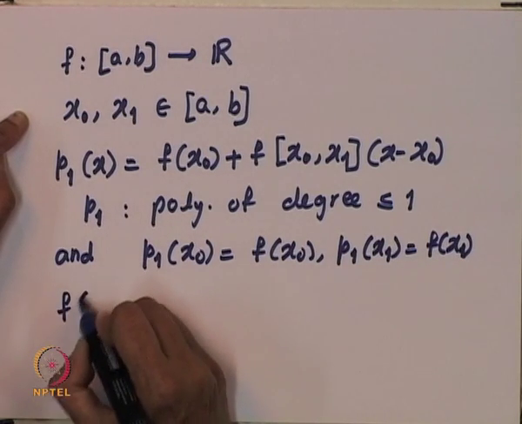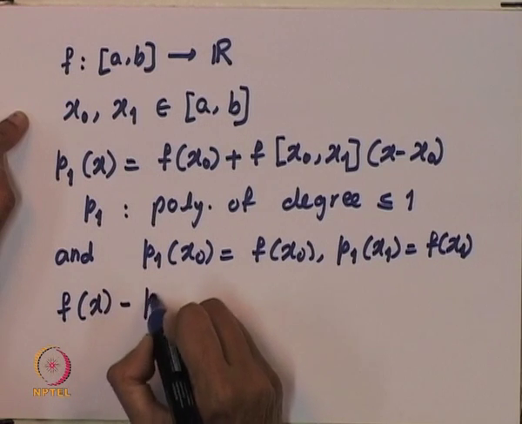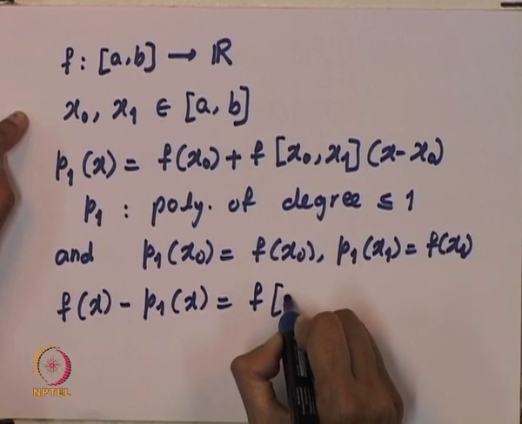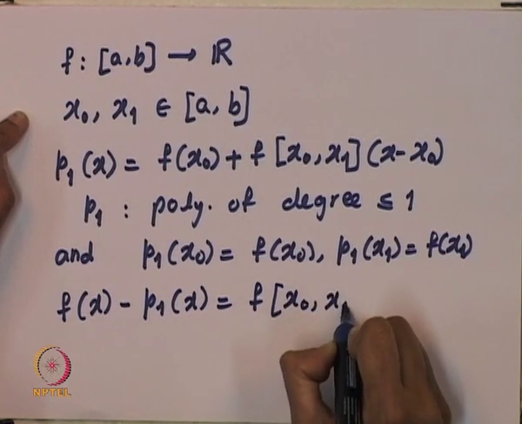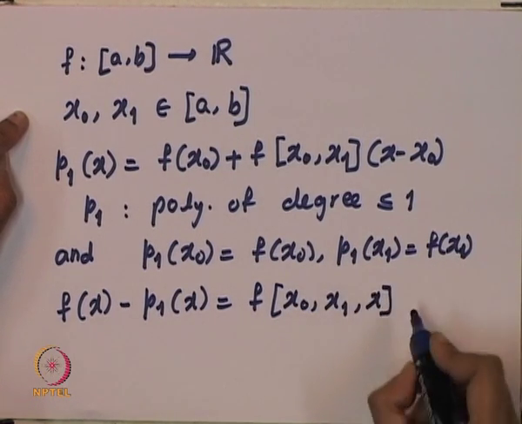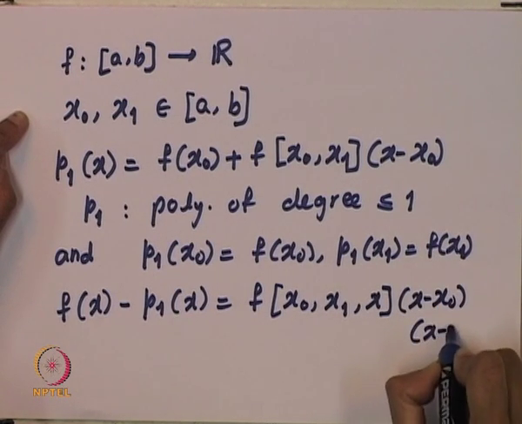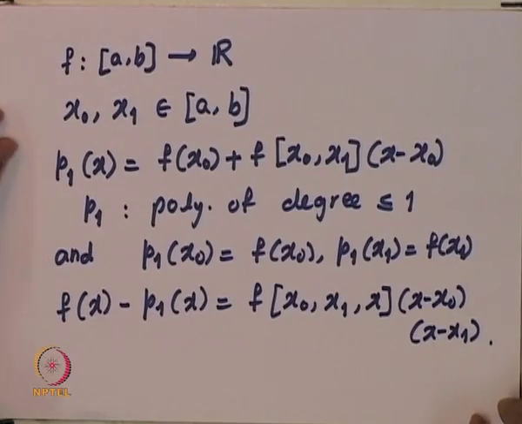The error is given by f of x minus p 1 of x is equal to f of x 0, x 1, x into x minus x 0 into x minus x 1. So, this is for one polynomial.